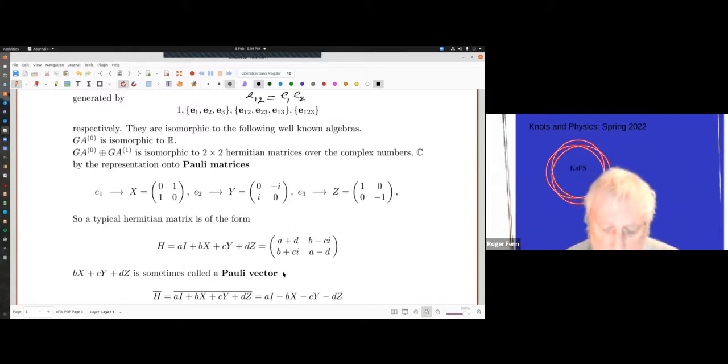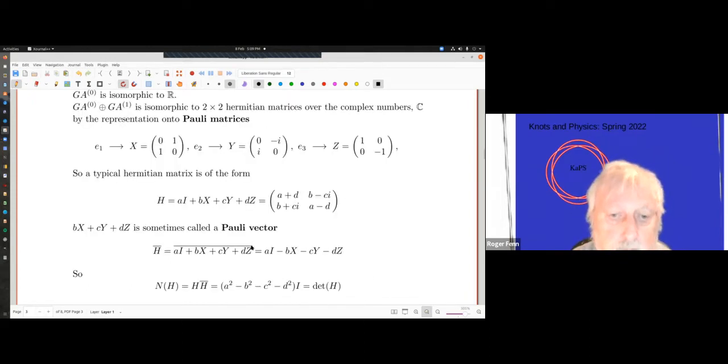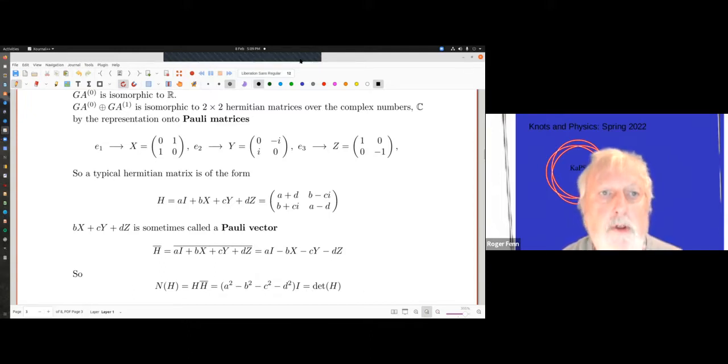Perhaps somebody could tell me if they know. H bar is, you just take the X, Y, Z coordinates and negate them. And so the norm of H times H bar is A squared minus B squared minus C squared minus E squared, which happens to be the determinant of H.